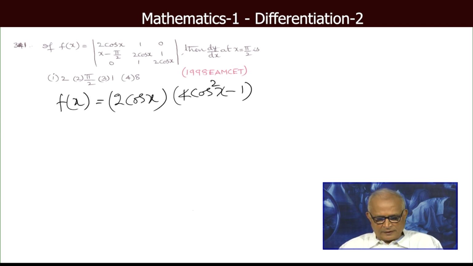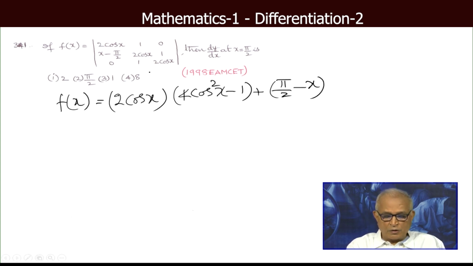Next, minus of x minus pi by 2, plus pi by 2 minus x, into its cofactor, the 2 by 2 determinant 1 0, 1 2 cos x, that is 2 cos x.